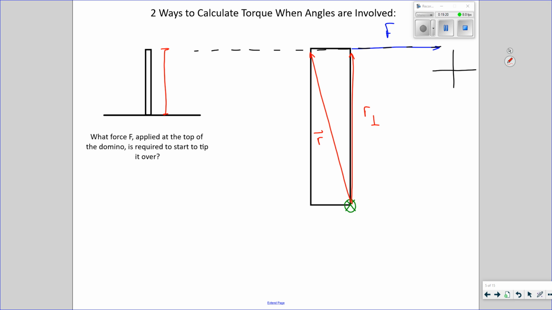All right, so if this domino has a height h, then the torque produced by this force is, how about h times F? And we don't have to worry about anything with angles at all.